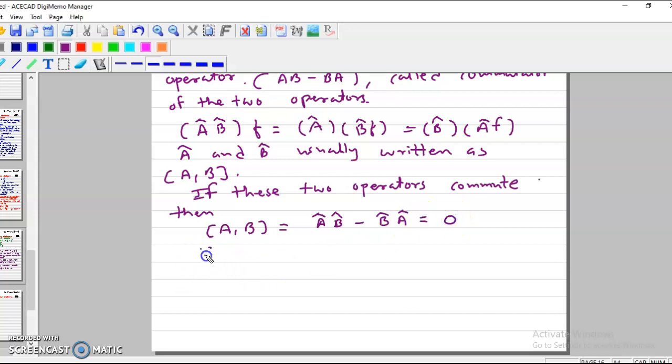Why? Because A into B is equal to B into A. That is why. Therefore this commutator means the multiplication with 0.